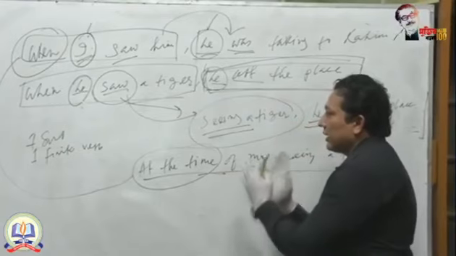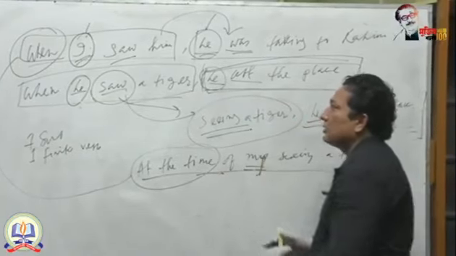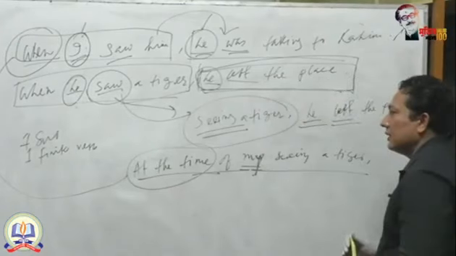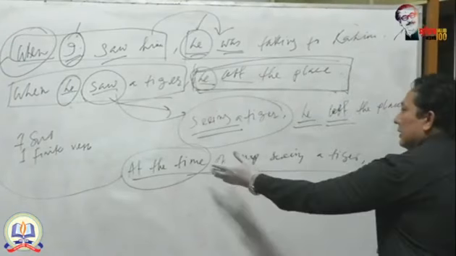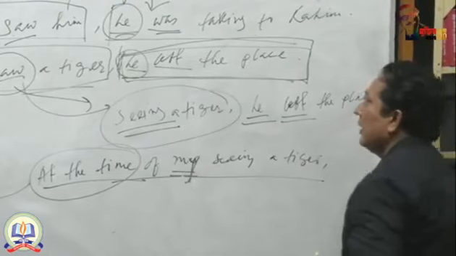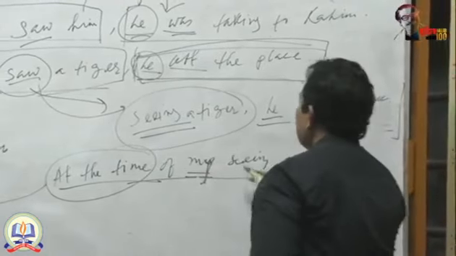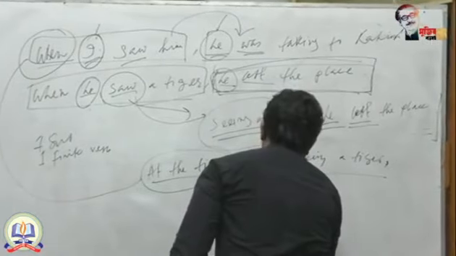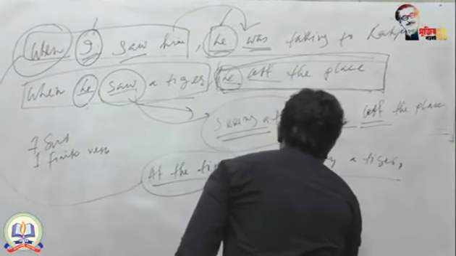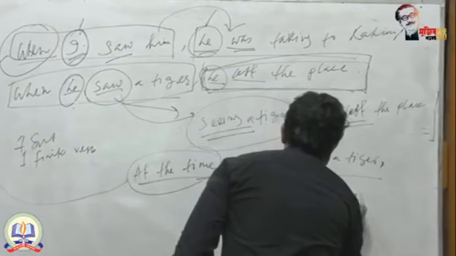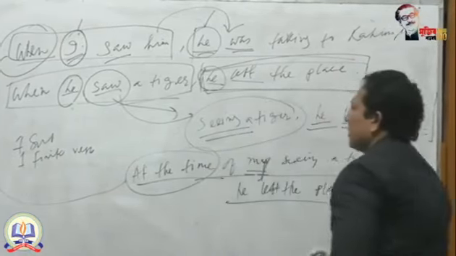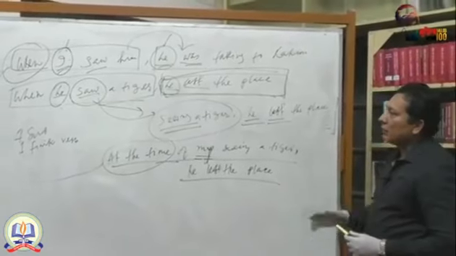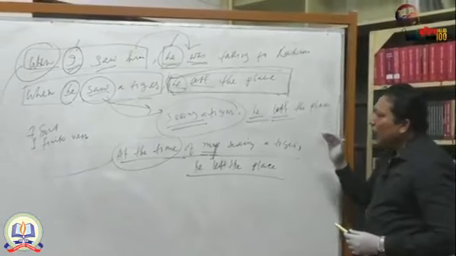At the time and when indicate the same thing, but when was a conjunction, at the time is a phrase. At the time of my seeing a tiger, this part is used as a phrase. And then the next sentence, the principal clause, he left the place. In this way, you can make a simple sentence from complex.